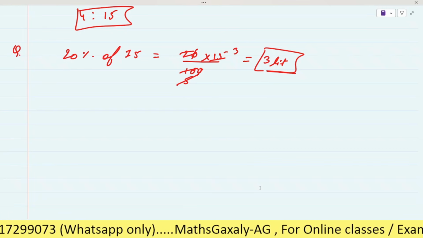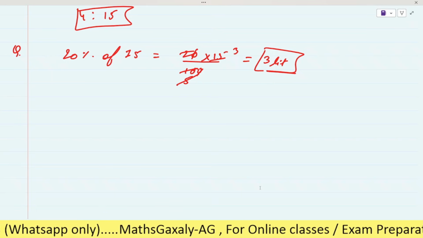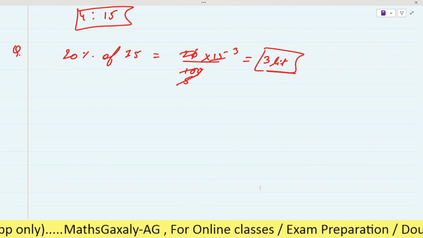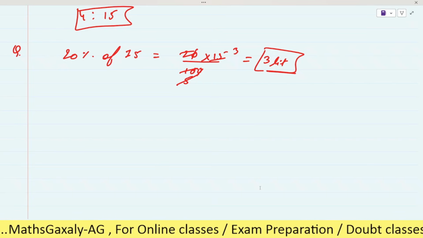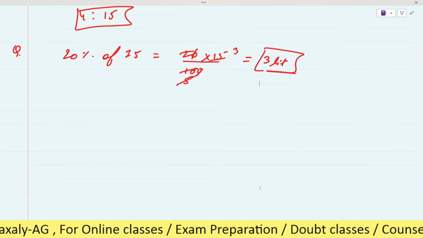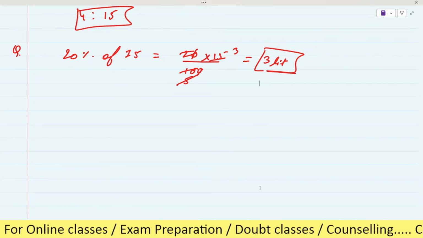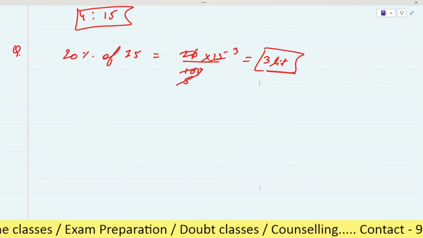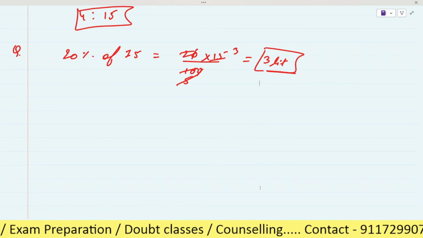To get 69 kg of copper, how much alloy will be required?